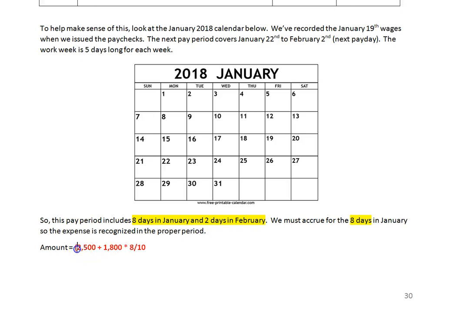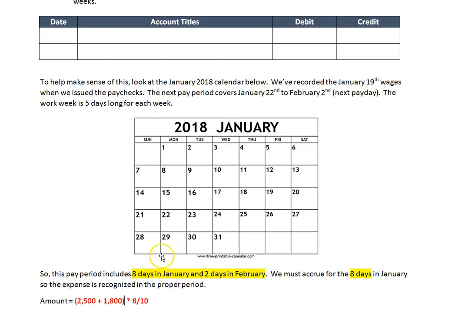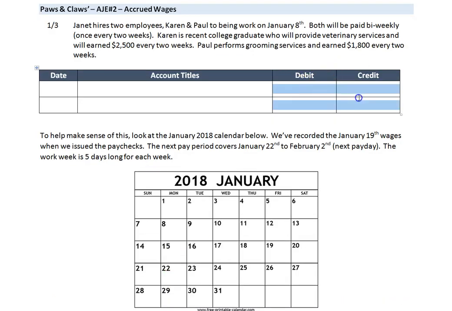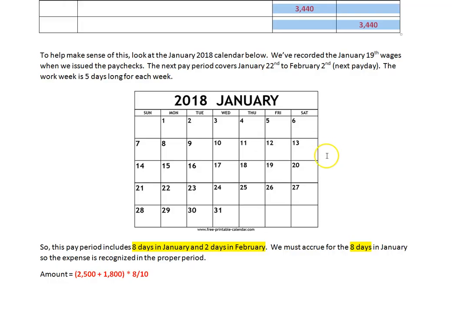Like if we remove these, that's not the same thing because the calculator is going to do this part first and then it's going to add 2,500 to it. All right, so if we do that math, we get to this number, which is 3,440.